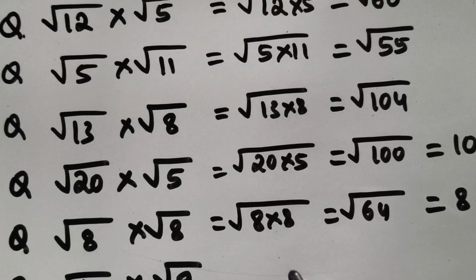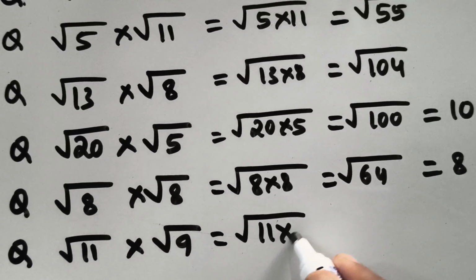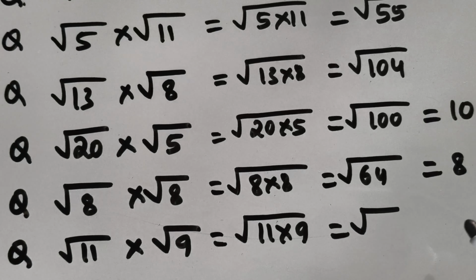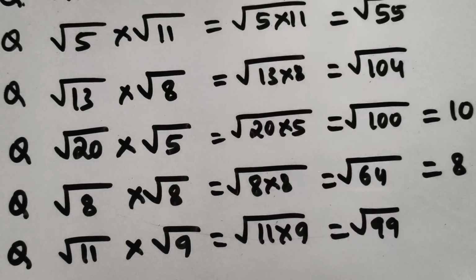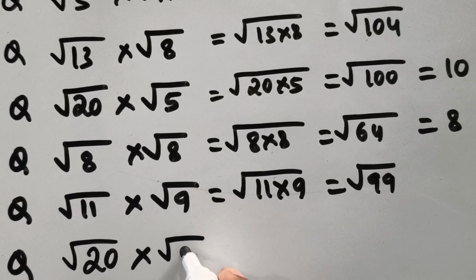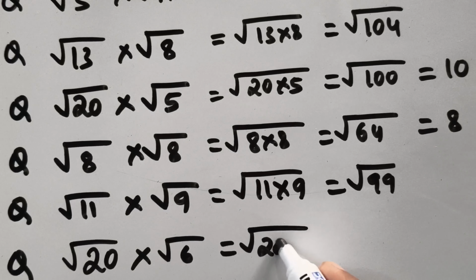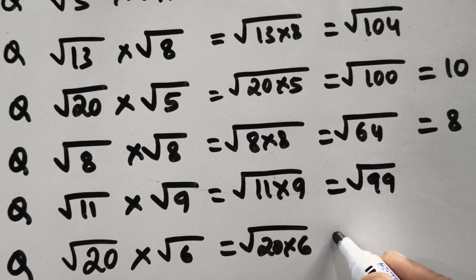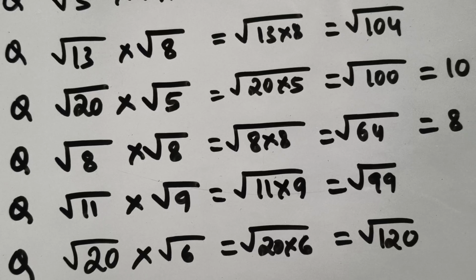Similarly, root 11 into 9, that is root 99. It is not a perfect square, therefore I'll keep it in the square root only. Root 20 into root 6, 20 into 6, root 120. Root 120 is the answer.